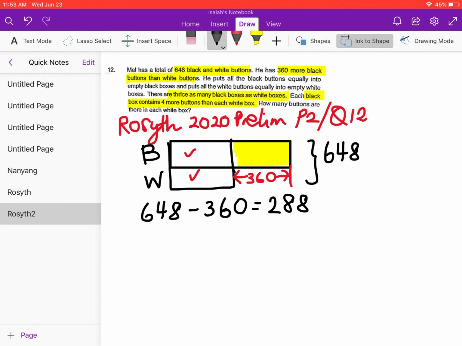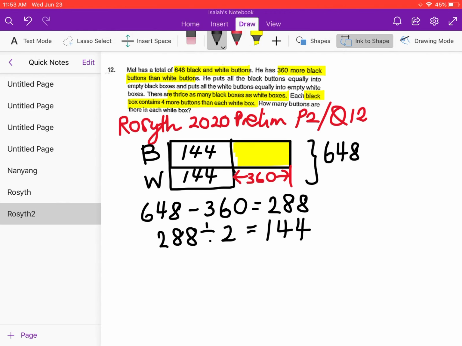To calculate the value of each, I'll take 288 divided by 2, and that will give me 144. So I'm going to put the information there, 144. This is 144, and this is 144.